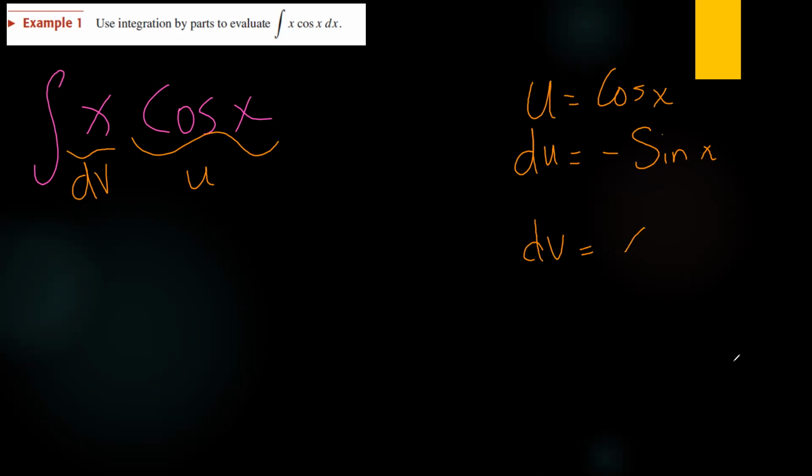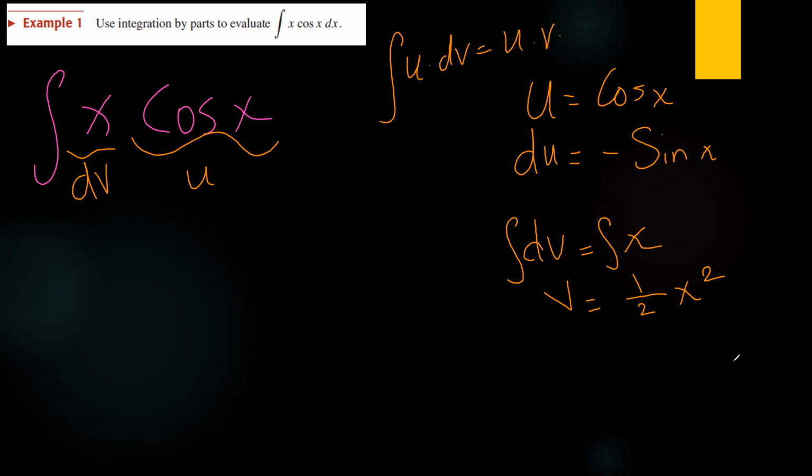First, let's remember, for u, you have to find its derivative, which is negative sine. And for dv, which is x, you have to find its integration, which is half x squared. Then the formula is the integration of u times dv is u times v minus the integration of v du.